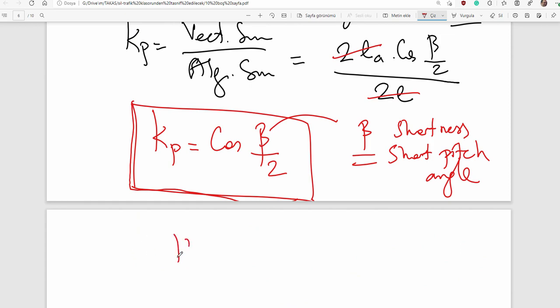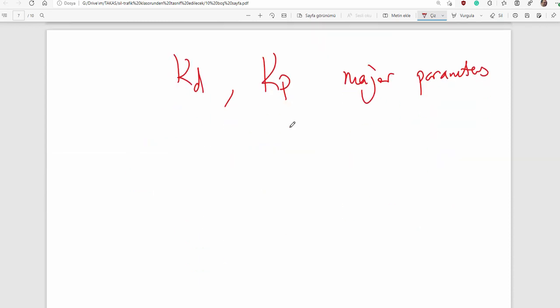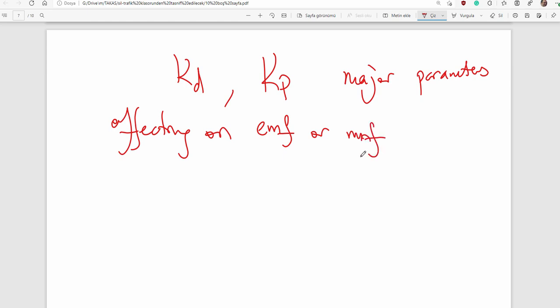Kd and Kp are the major parameters affecting EMF or MMF. Because, ladies and gentlemen, we use a winding to produce electromotive force or to produce magnetic field in the beginning.